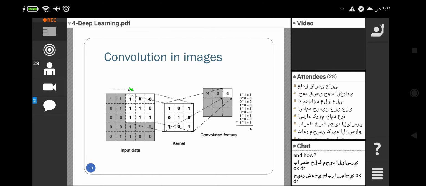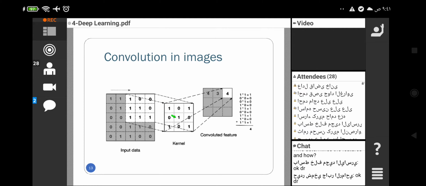The input is a matrix. I said that the input image that we have is like a matrix. When we move this kernel on the input, I said that we put the center of the kernel.